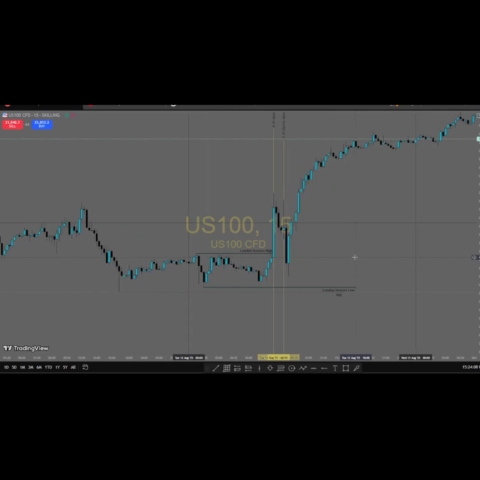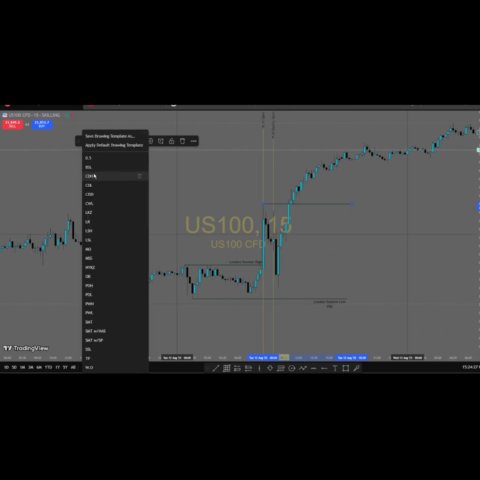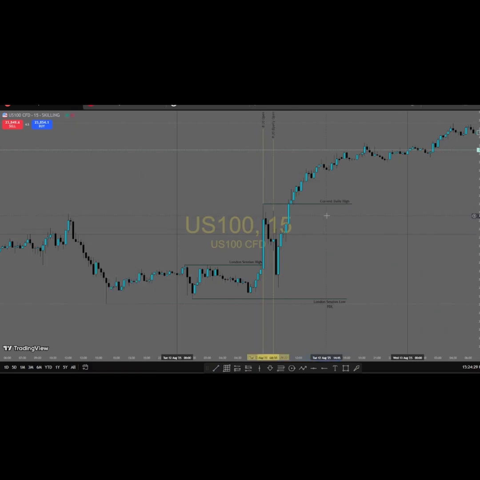So let's dig into the setup itself. After this 8:30 high formed, I marked it as the current daily high, right? Those are things that I usually have on my chart as I trade.